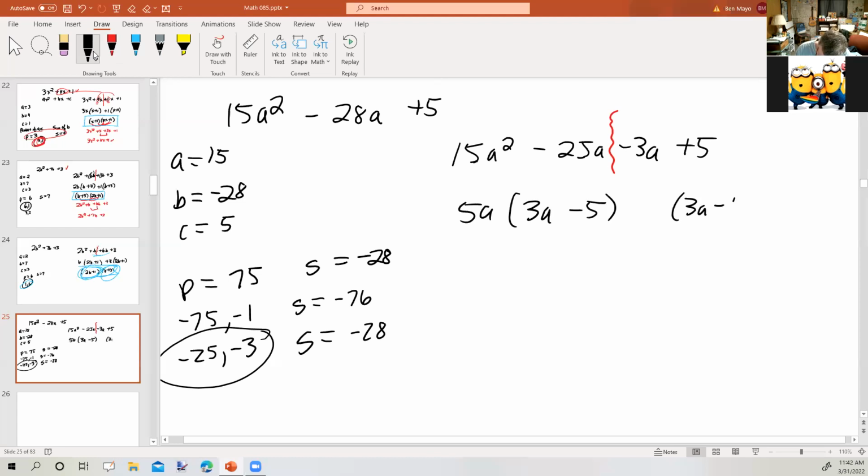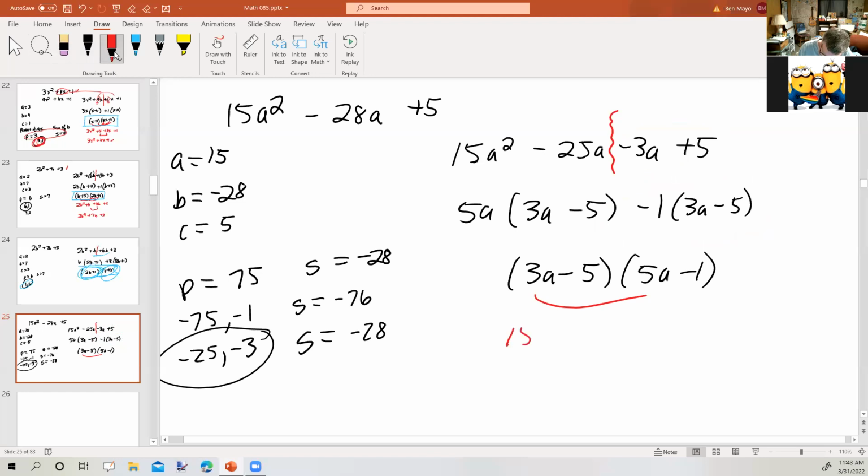In order to get this to be equal to that, I need to take out what? A negative 1, so that I get negative 3a plus 5. Okay, so let's get rid of all the extra stuff there now. So I'm going to take out a negative 1, which means I'm going to get 3a minus 5 times 5a minus 1. Let's check our work.